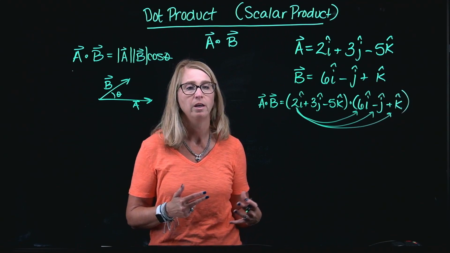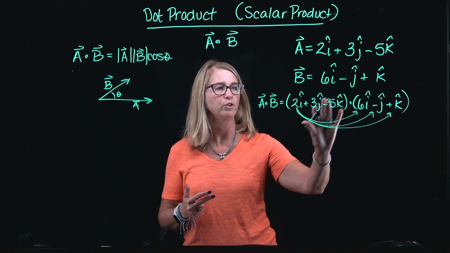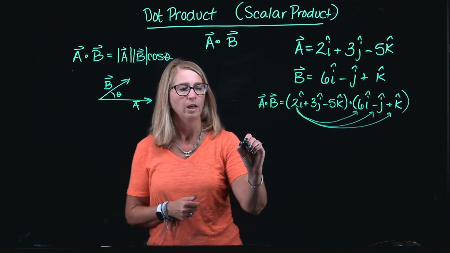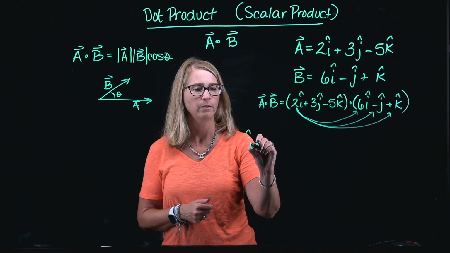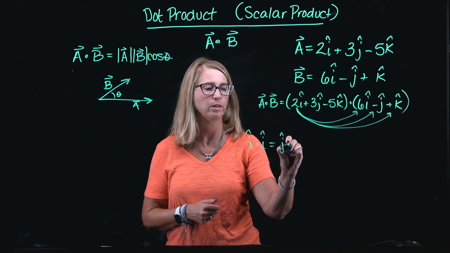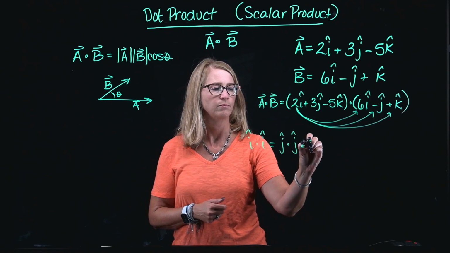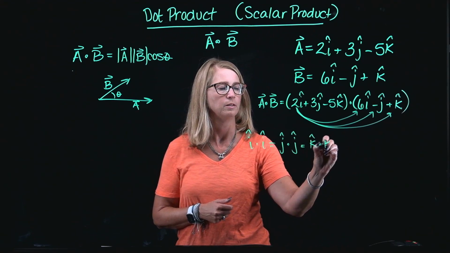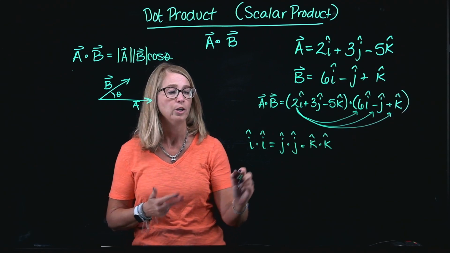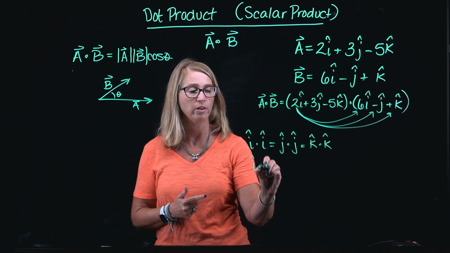For instance, if I do this with all 3 terms in the A dotted with all 3 terms in the B, I'm going to get some terms that are unit vectors dotted with themselves. And I'm going to get some terms that are unit vectors dotted with each other.